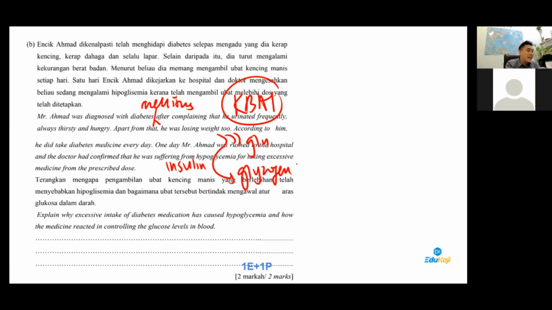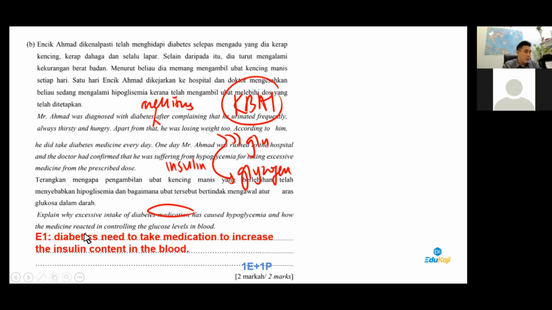So the medication, guys, is to stimulate the production of insulin. So very first point, patients with diabetes have to take this medicine in order to increase insulin content.